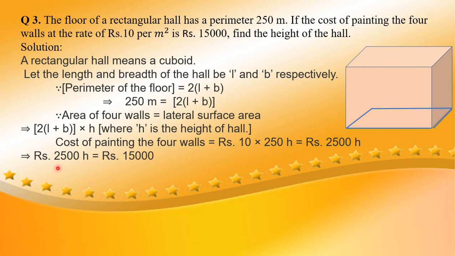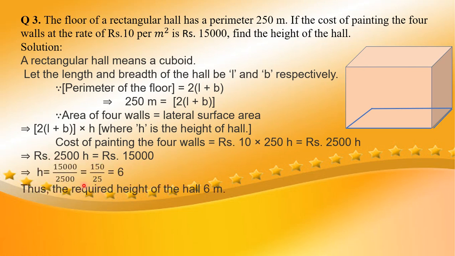So 2500 H equals 15,000. These two costs are the same. So we get the value of H as 6, since 15,000 divided by 2500 is 6. So the required height of the hall is 6 meter.